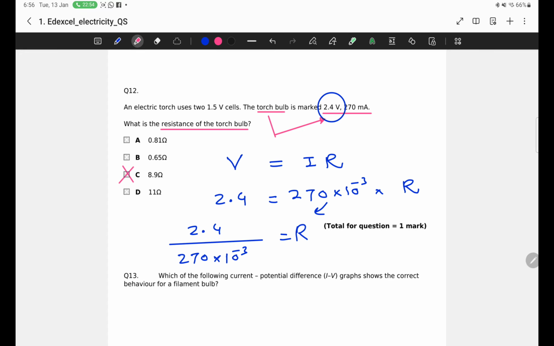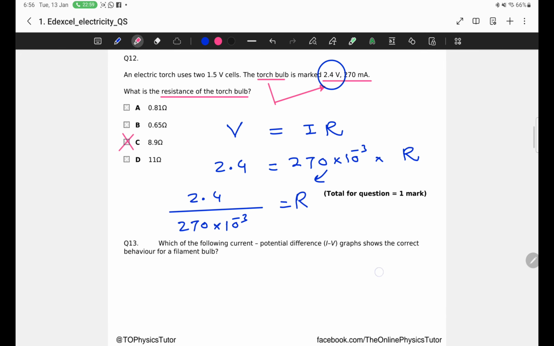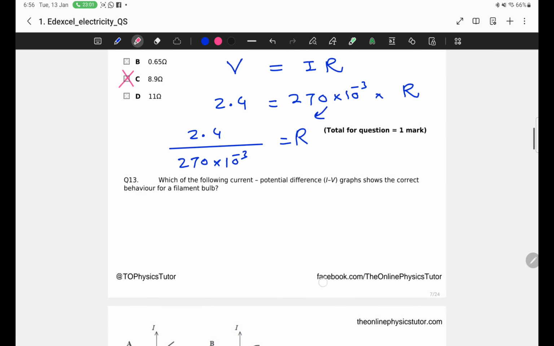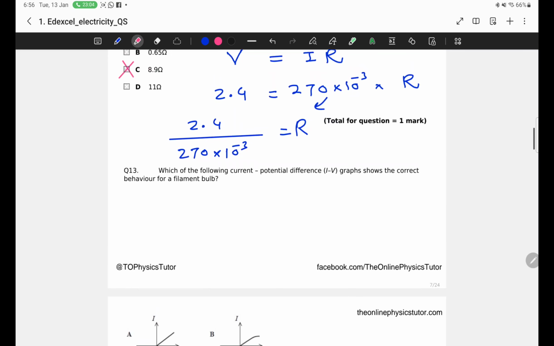So specification voltage 2.4, current 270, you have calculated resistance. And now this question I am not going to solve. Abdullah will answer me.